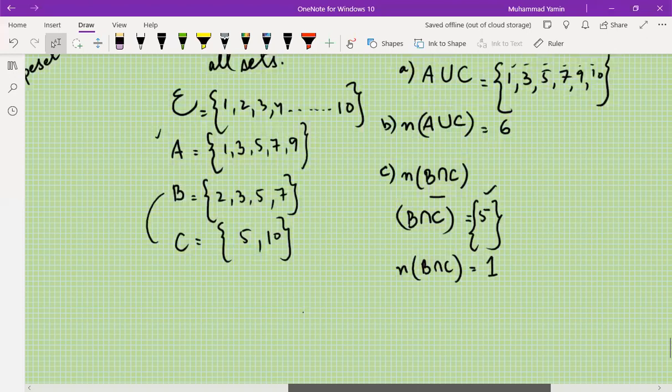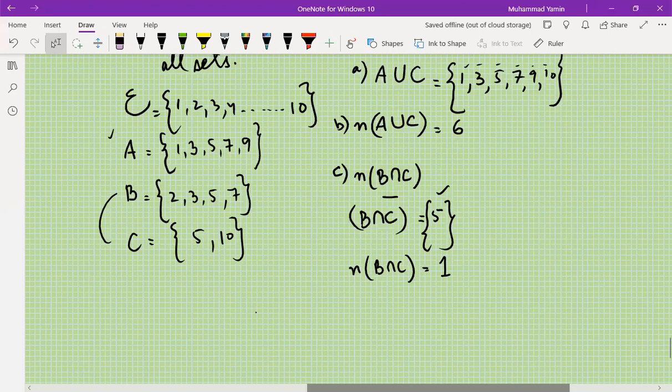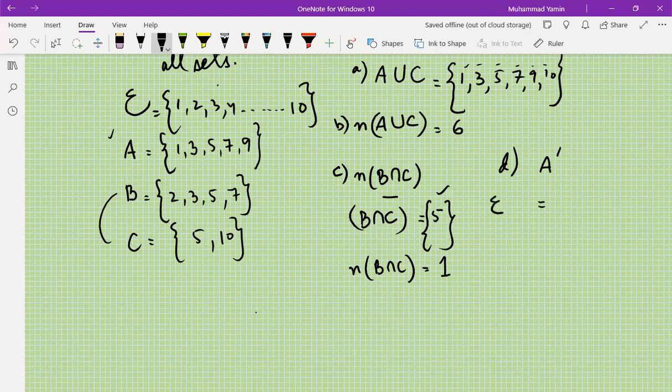For example, if it is asked here, find A complement, then we need to have all the values which are not in A. But if it is not in A, then where should it be? It should be in the universal set. So what we do is, it is actually the universal set minus this.